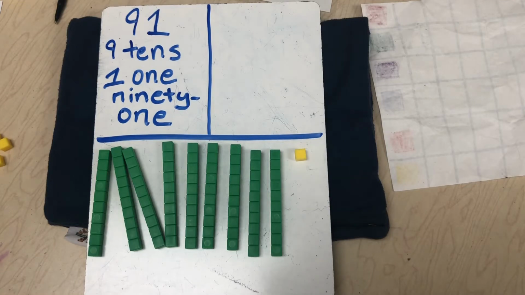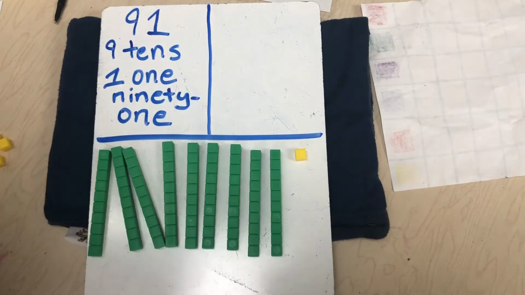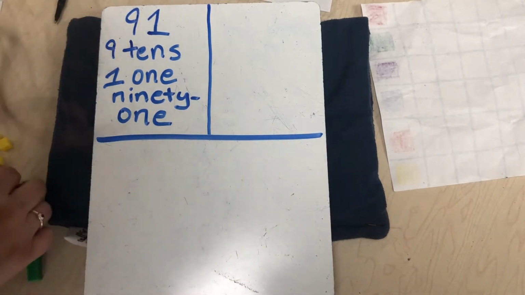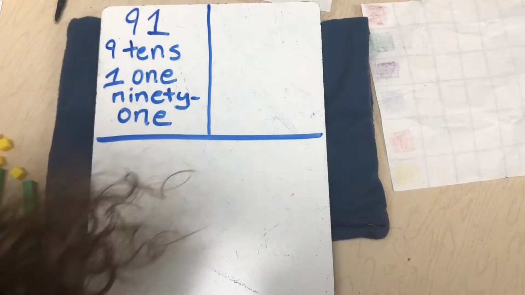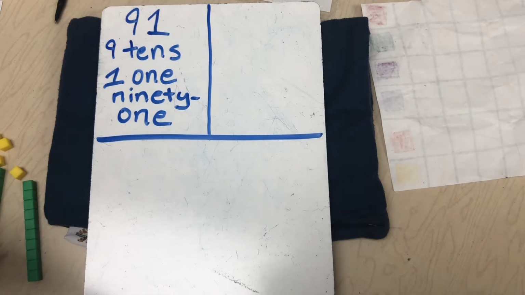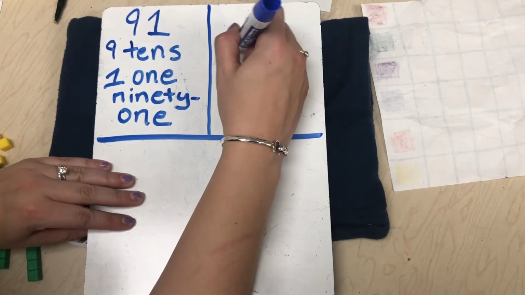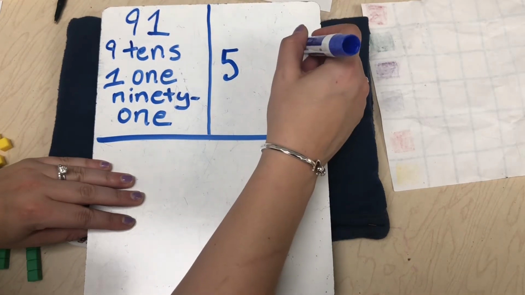Okay, good job everyone. We are going to move on to box number 2, where we are going to compare our numbers. So for comparing numbers today, let's do the number 5 and 8.